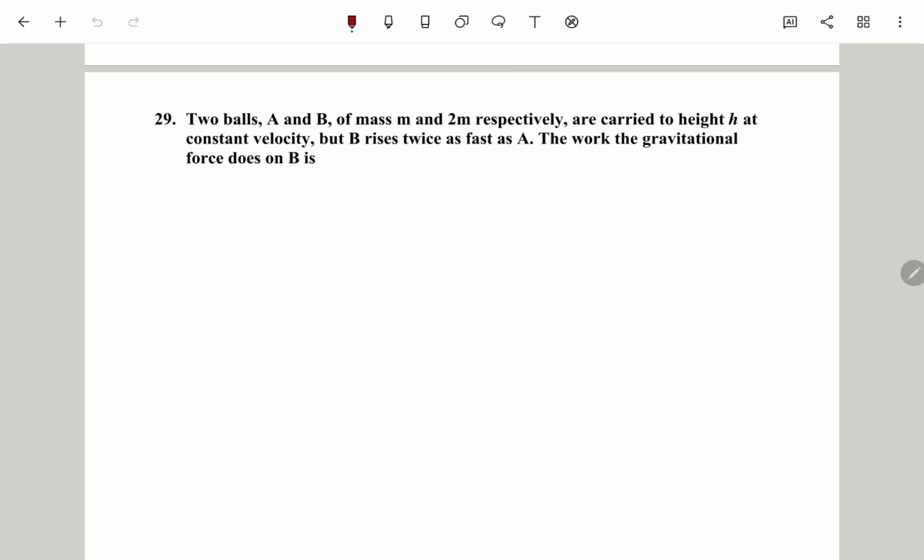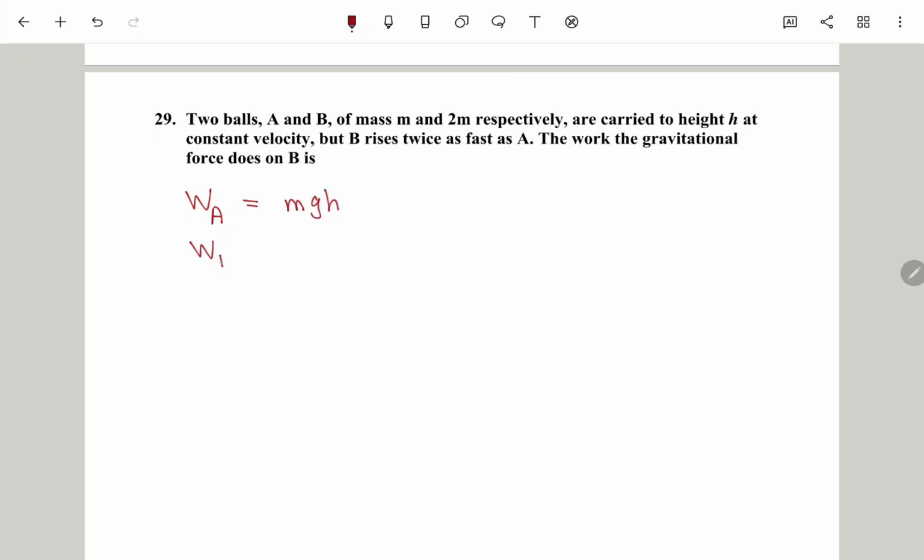Two balls A and B of masses m and 2m respectively are carried to height h at constant velocity, but B rises twice as fast as A. The work the gravitational force does on B is, work A is equal to mgh.